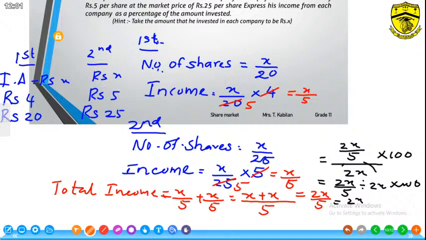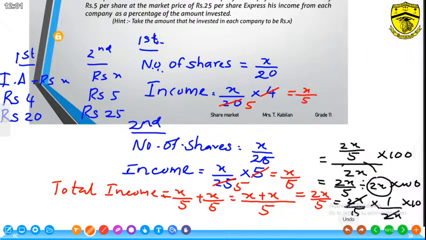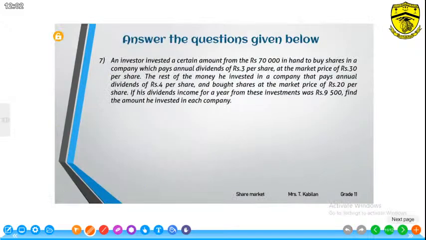When changed into the multiplication symbol, it becomes the reciprocal of 2X, which is 1 upon 2X, then multiplied by 100. So 2X cancels out, and 5 into 100 is 20 times. Now the answer is 20%. Right, now go through the next question.